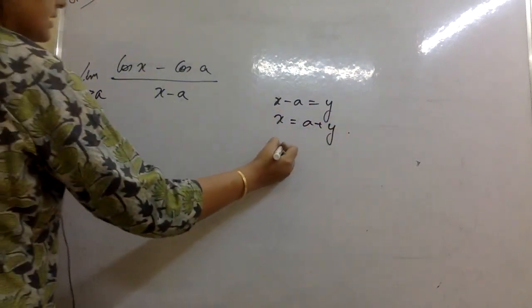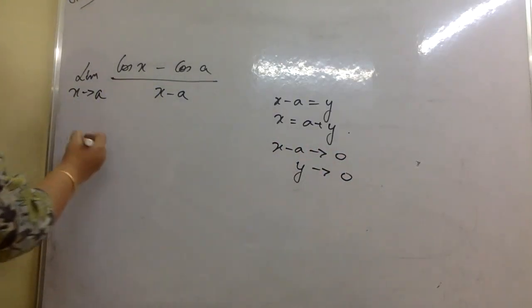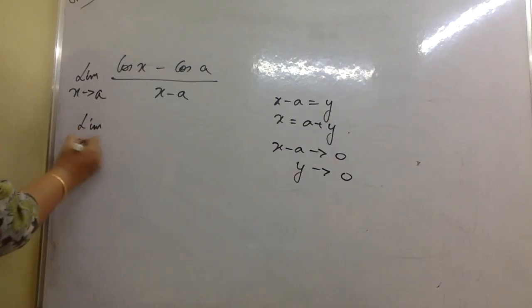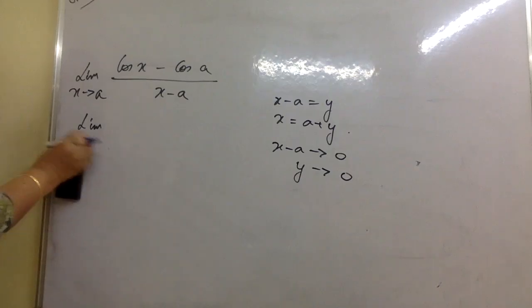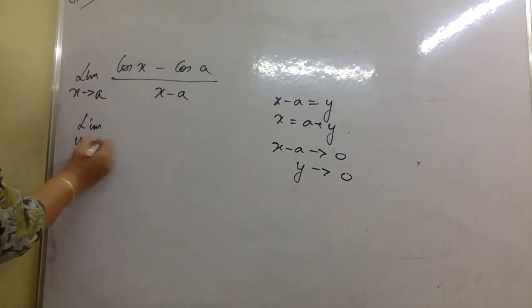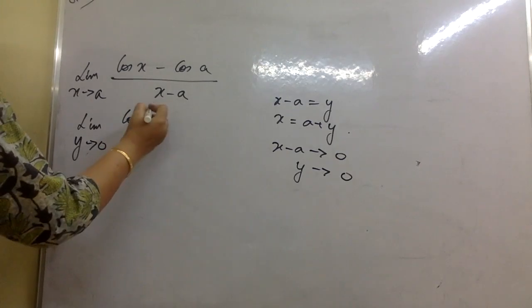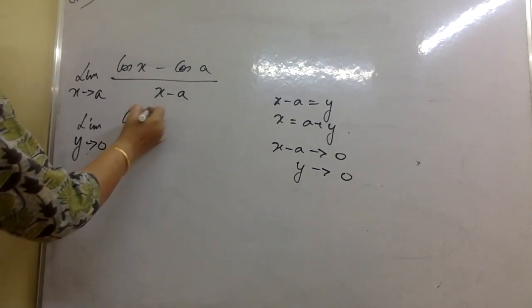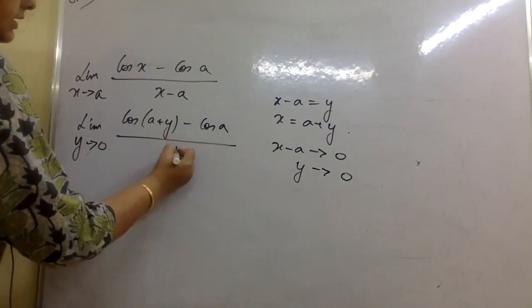If x minus a tends to 0, then y tends to 0. So here limit x tends to a, we will change it to y tends to 0, and here we'll write cos (a plus y) minus cos a, and this is over y.